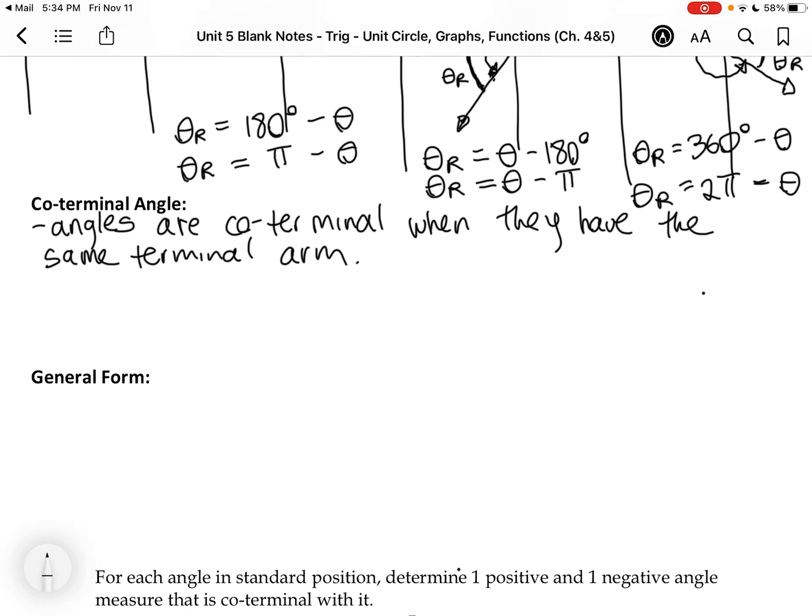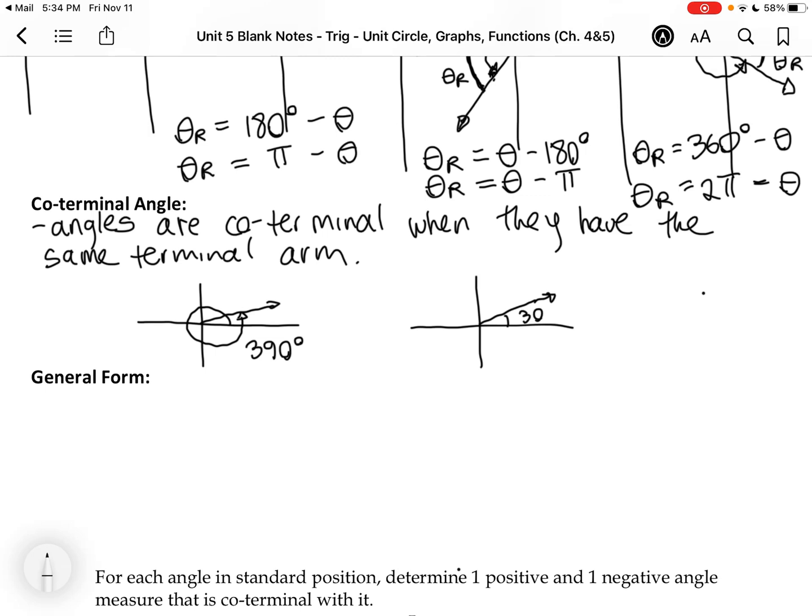So for example, this would be 390 degrees and 30 degrees.